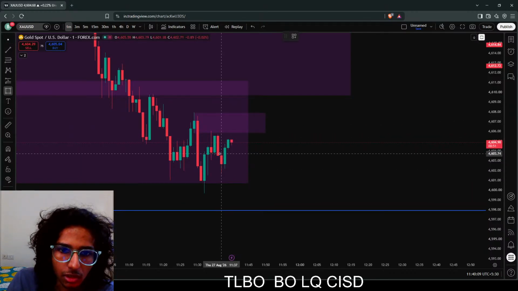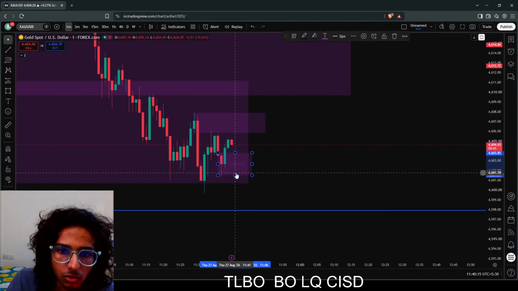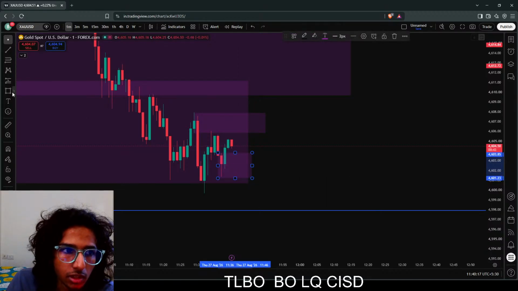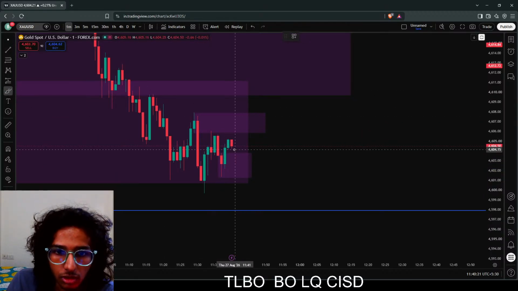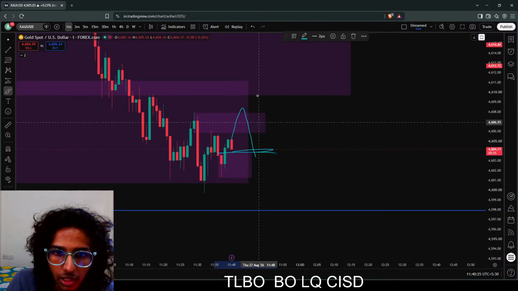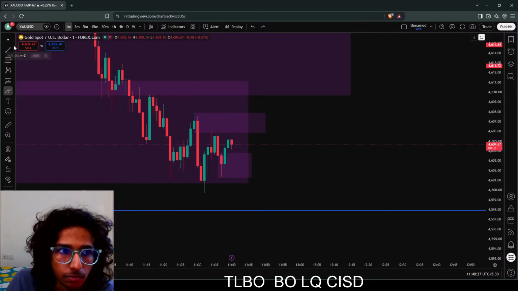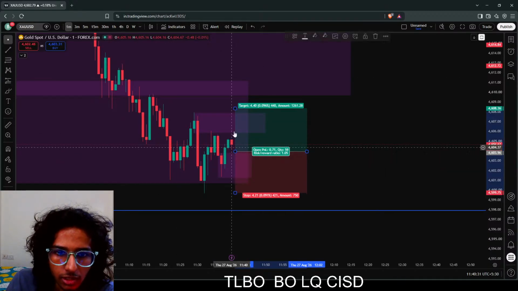In this case, I try to mark this as a big one, but this will be a flip zone. But the only thing that needs to happen before this to give you an entry is just break first, then come back, then it kind of gives you an entry, something like this, and then you can take TPs.